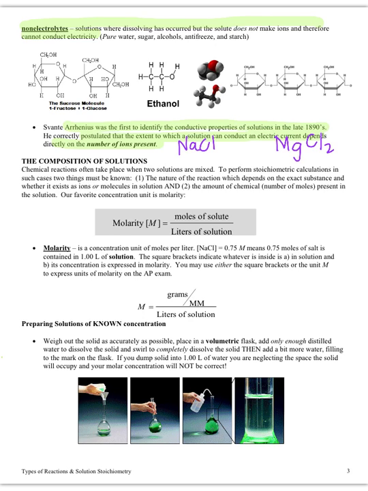Let's compare sodium chloride and magnesium chloride, two soluble salts. When sodium chloride dissolves, it breaks apart into two ions, a sodium cation and a chloride anion, one of each.